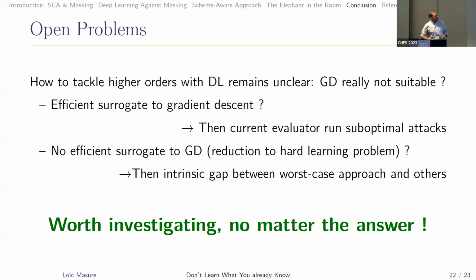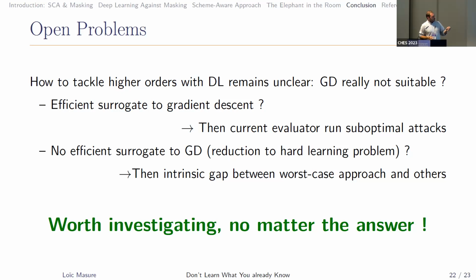Okay, so as a conclusion, it seems that if we want to tackle higher order masking with deep learning, the outcomes remain unclear. Can we directly conclude that gradient descent is not suitable at all for such cases? Well, we have some evidences, but it needs to be consolidated by future research.